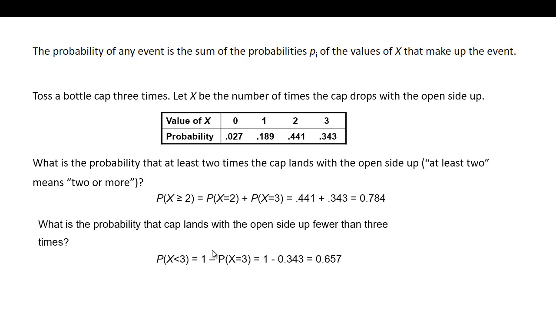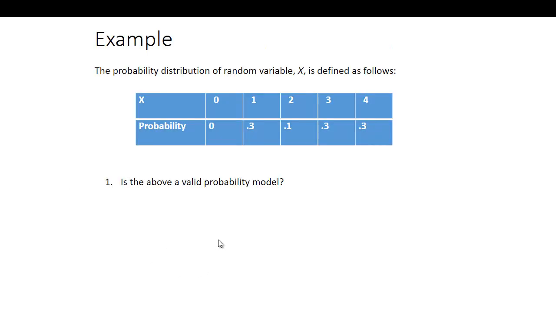So here we are using the idea of complement. The event x equals 3 is the complement of the event x is strictly less than 3. And so the probability that x is less than 3 is 1 minus the probability that x is 3.